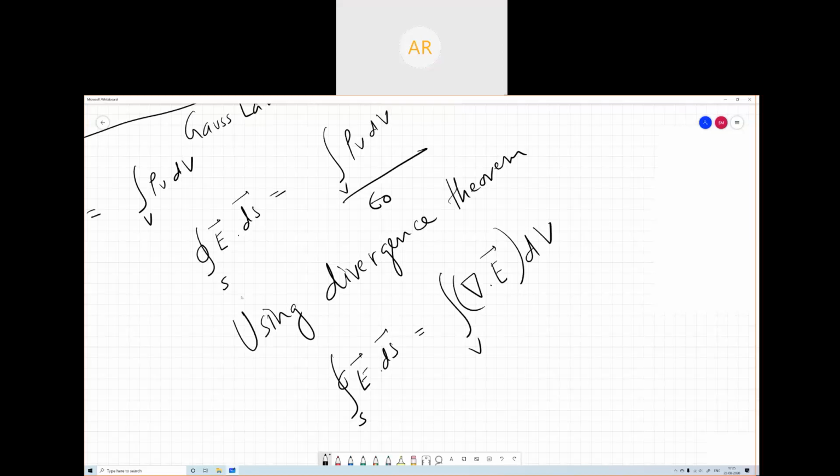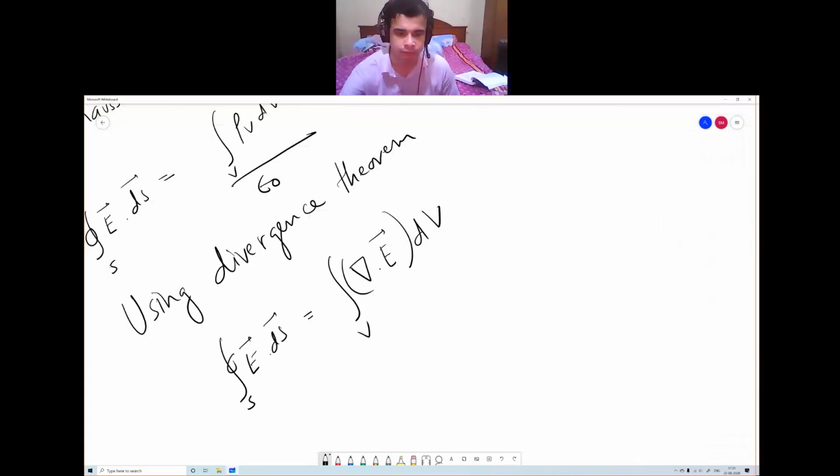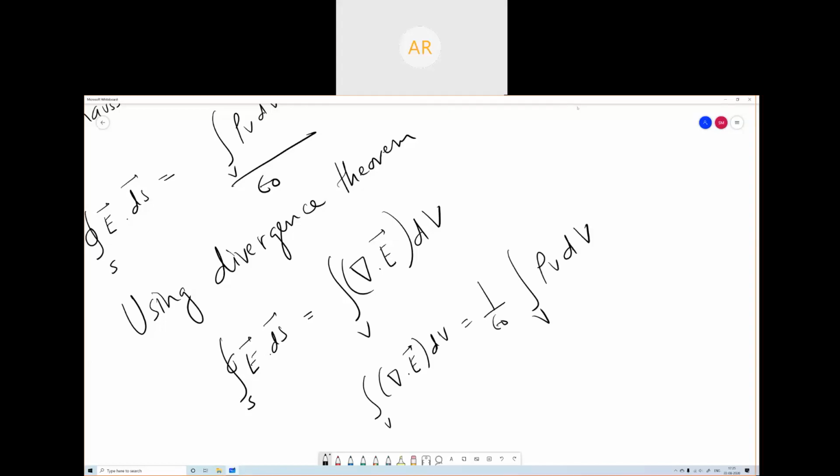So you can combine these two equations and write this. This is the divergence of E.